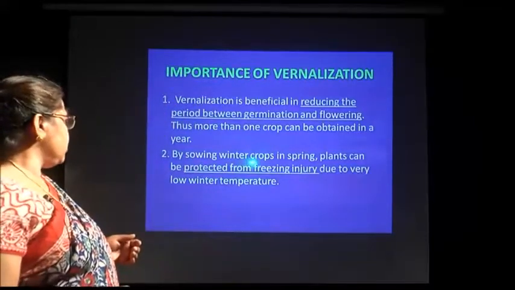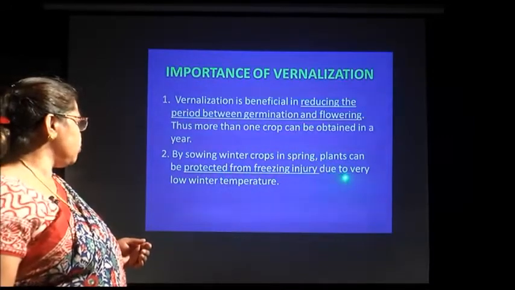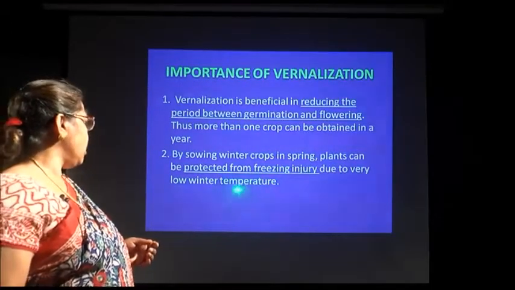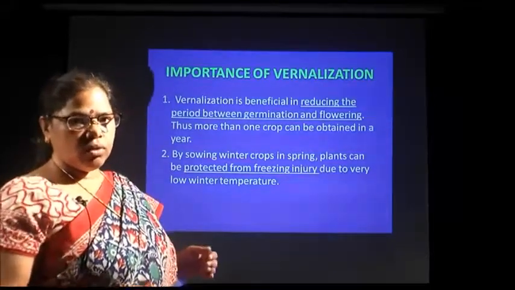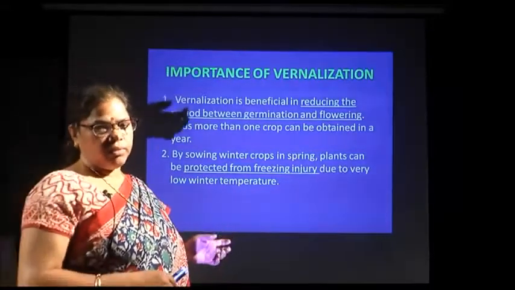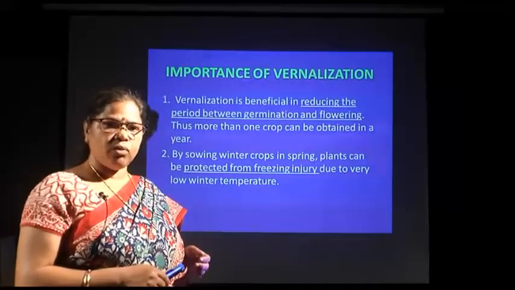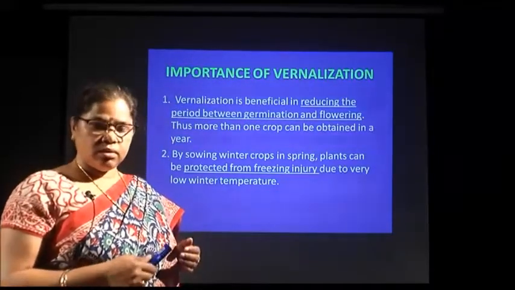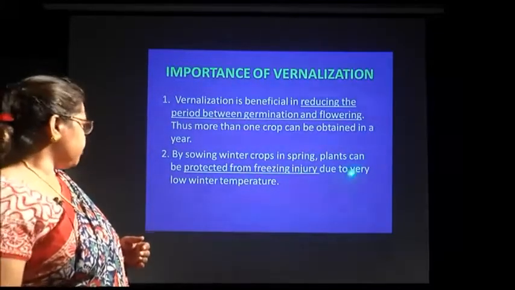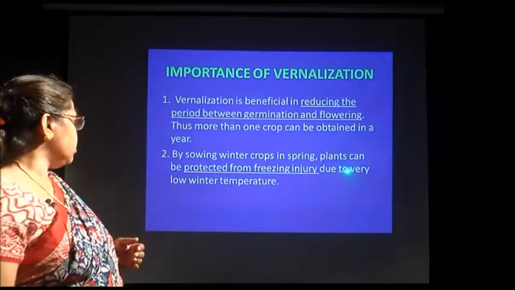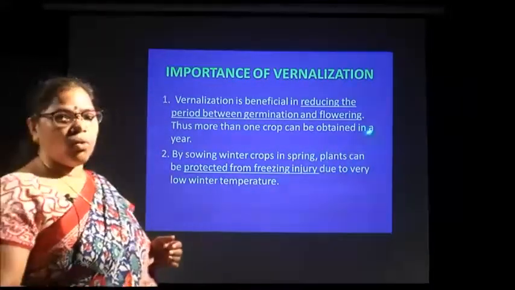By sowing winter crops in spring, plants can be protected from freezing injury due to very low winter temperature. So you need not grow these plants in winter season, because you can grow them in spring season and artificially provide them low temperature, so that they will not be harmed by the freezing injury caused by the winter low temperature.